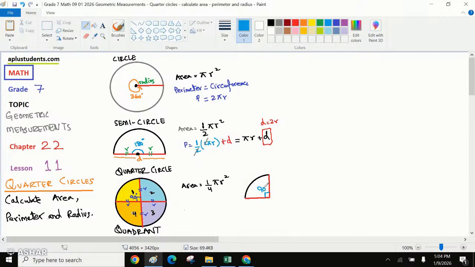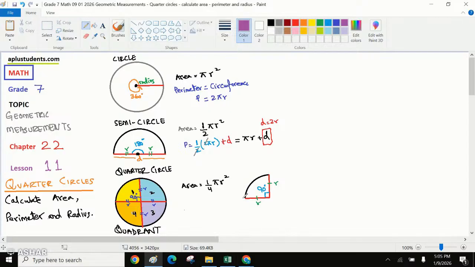A right angle is always 90 degrees. This is the radius, this is the radius, but the outer curve is known as arc length. The arc length, the part of the outer ring of the circle, in this case is 1/4 of the circumference.